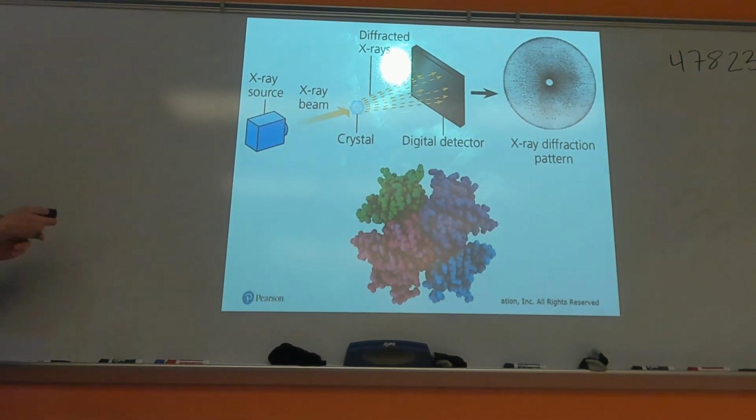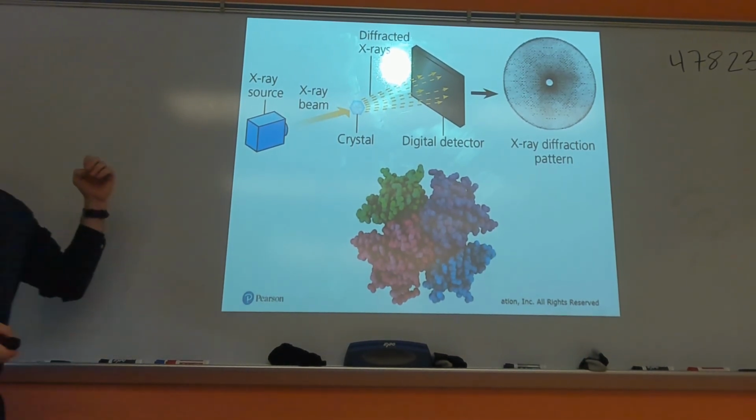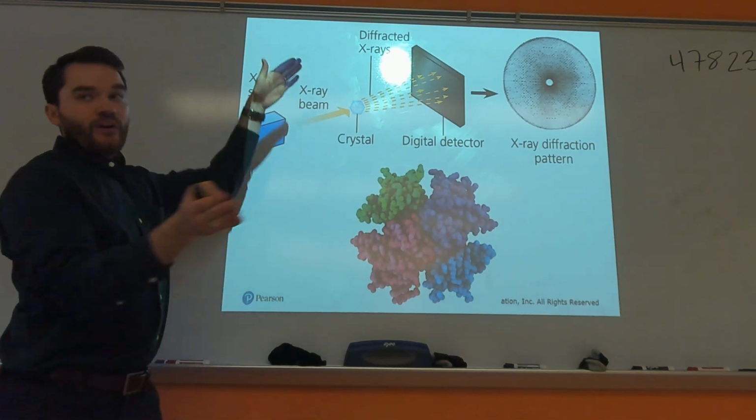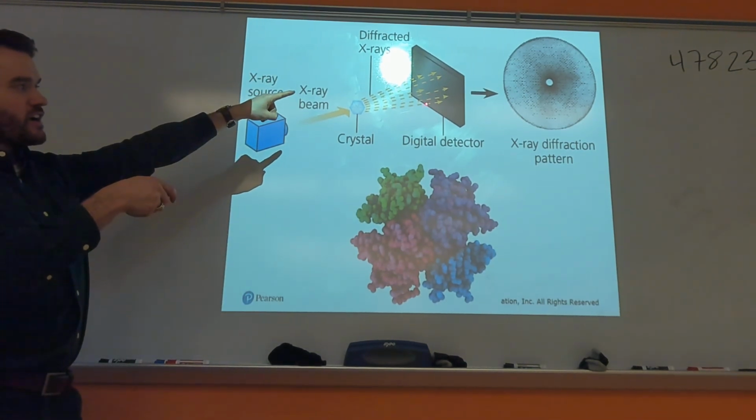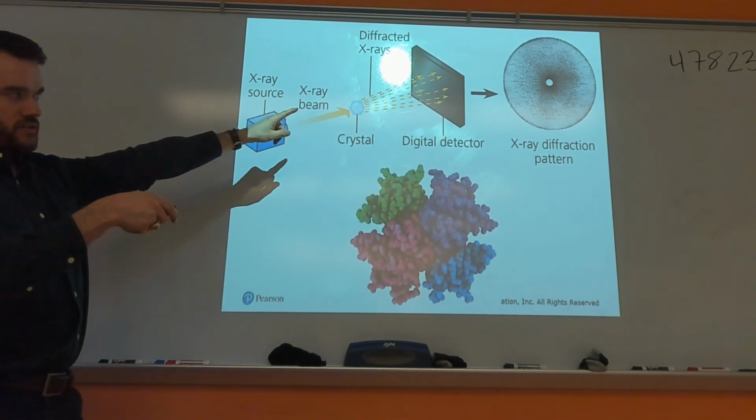And if you shine a beam of X-rays, this isn't an X-ray, but kind of like if you were to shine my laser pointer at the crystal, that light will diffract. And if you have a screen there, you will get a diffraction pattern.